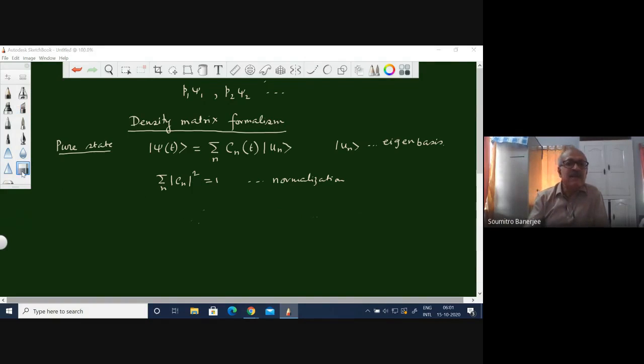Now, let me write up front what the density matrix is. The density matrix for this state is simply this. So you will say, oh, I know that.